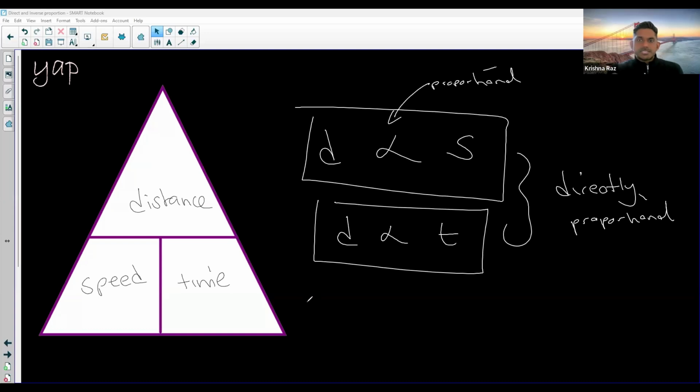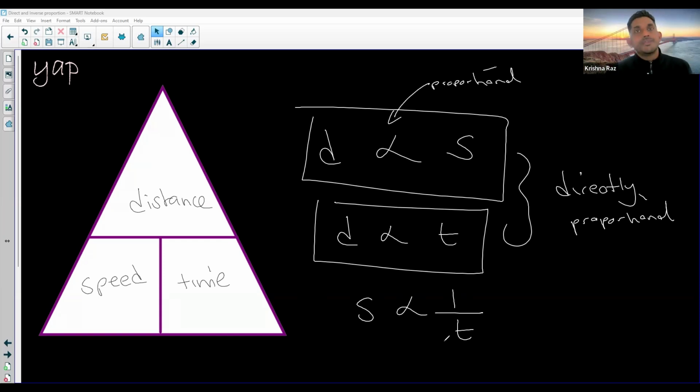So we've looked at distance and speed and distance and time. What about speed and time? Well, speed is inversely proportional to time. Why is that? Because if we keep our distance constant, if we double our speed, what will happen to our journey time?